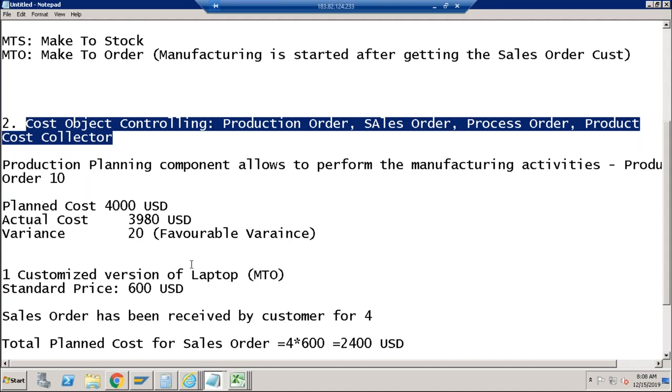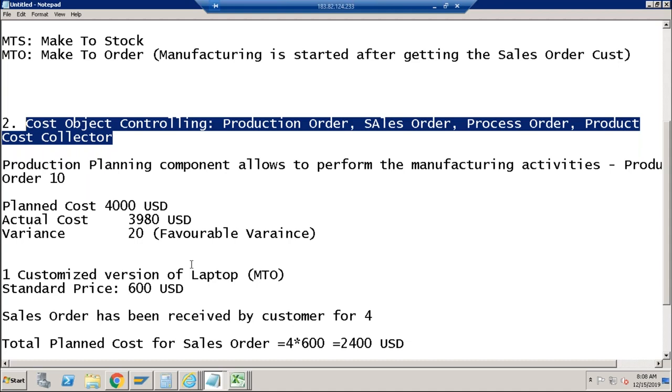Vikram, I have a question. When we say standard cost, I understand it's based on historical data, you reach a conclusion and that is the standard cost. But are there any other costs besides standard costs? No, standard cost can be derived based on multiple different things, but the most commonly used is not the historical cost. If you are manufacturing the product for the first time, then you have to make some assumptions.